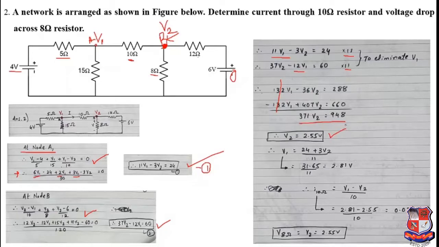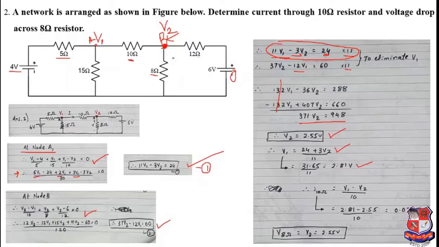So V2 comes out to be 2.55 volts. Now from this V2, now we can get the value of V1. So to get the value of V1, I have considered this equation. Okay, this equation. So what will be V1? So V1 will be 24. This minus 3V2 goes on that side, so it will be (24 plus 3V2) divided by 11. So I will get V1 to be 2.81 volts.